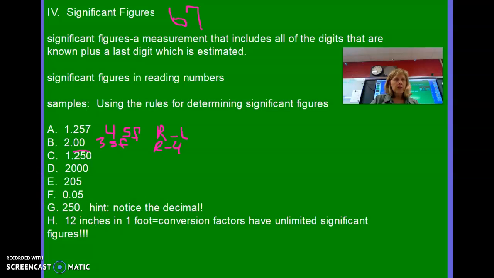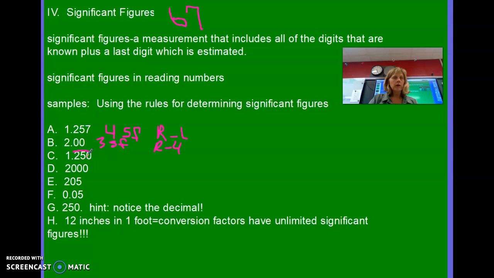All right, let's look at C, 1.250. Pause this for a moment while you find this on your sheet. 1.250 looks the most like number 4 again.